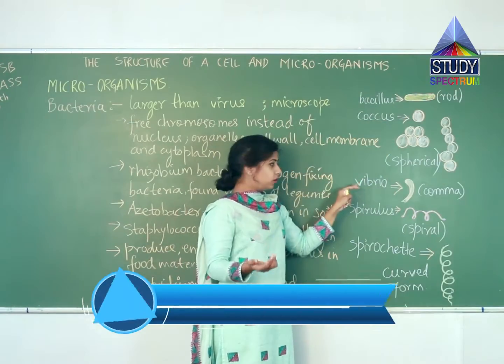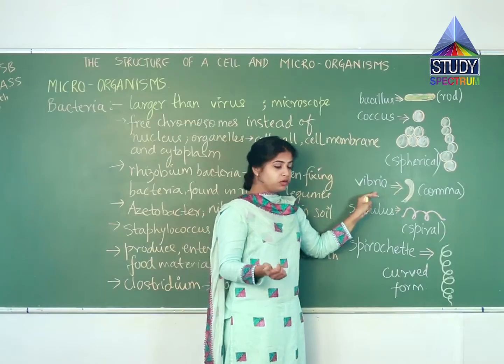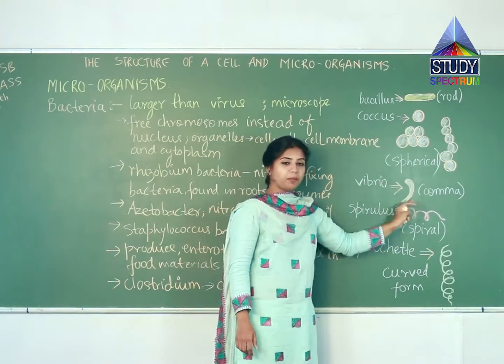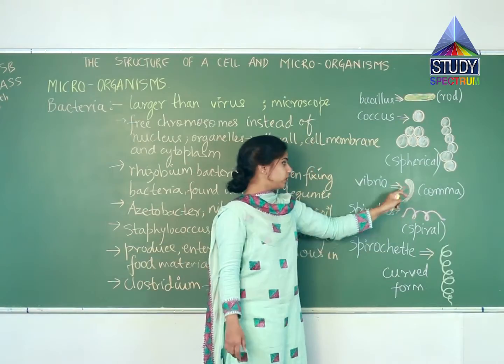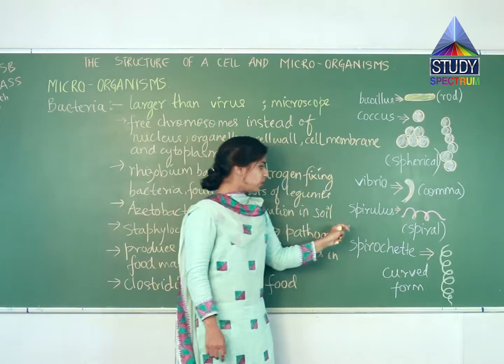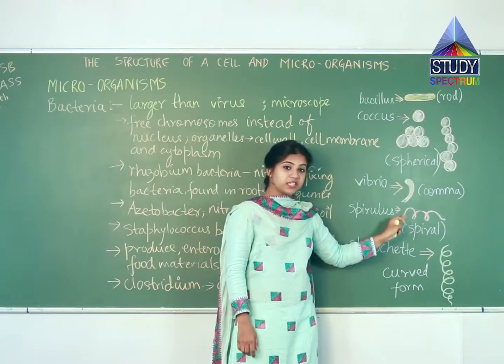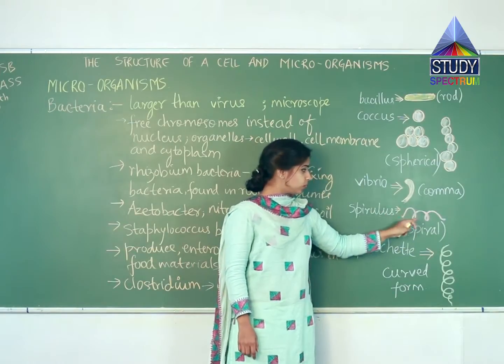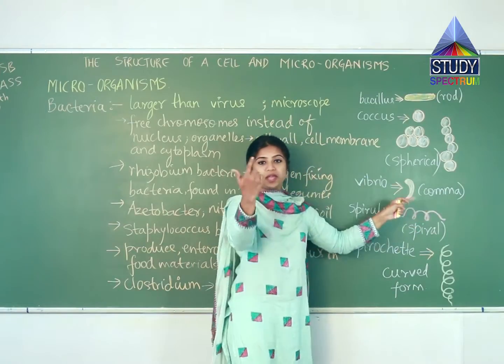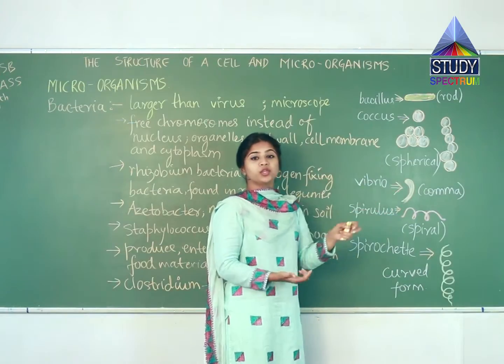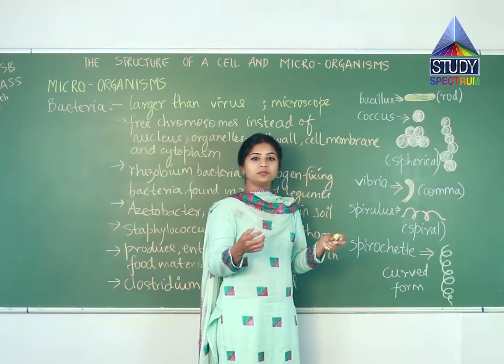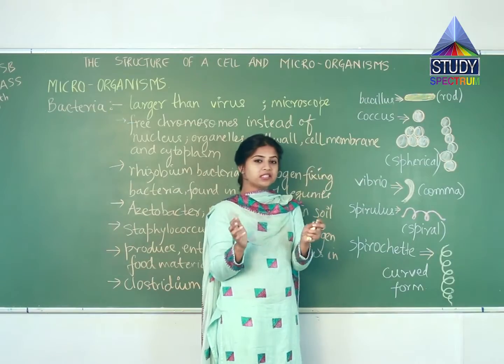The third shape is the vibrio. Vibrio shape is nothing but a comma shape that's slightly curved. The next one is the spirillum or spirillus, that is of spiral shape. It rotates around each other in the form of a helix or a spiral. You have seen spiral binding springs.